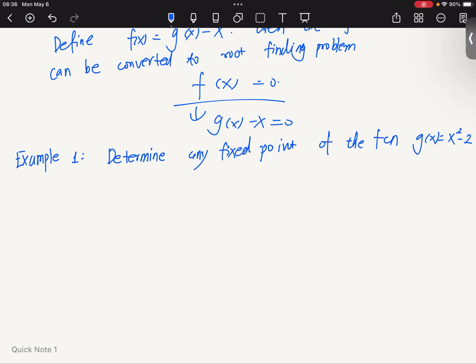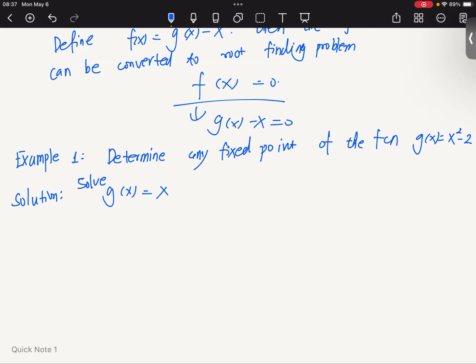If the example is asking you to find a fixed point, what does it mean? It means that we want the g value evaluated at x to equal x itself, right? So this means that we are going to solve g(x) equals x.